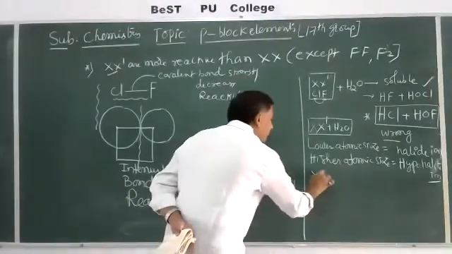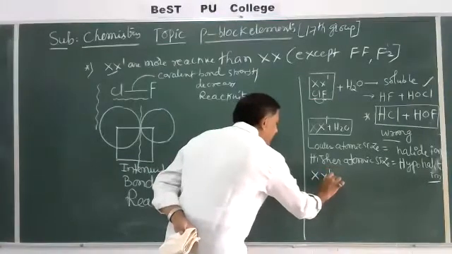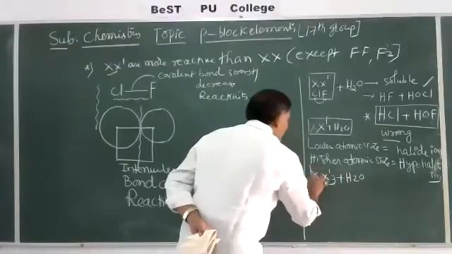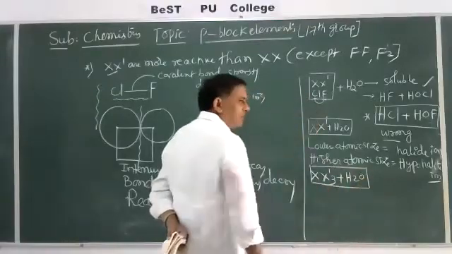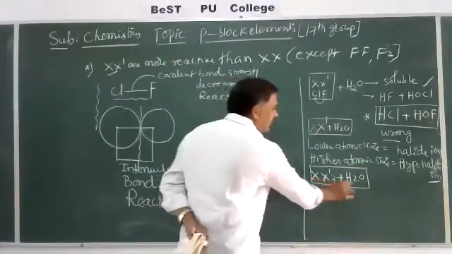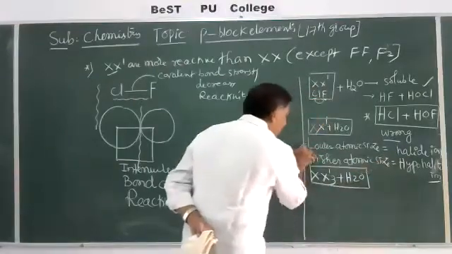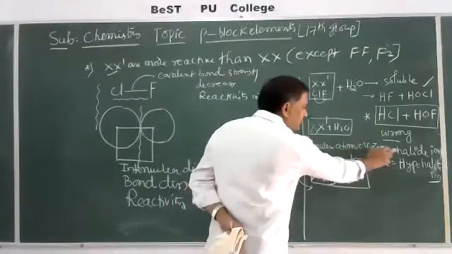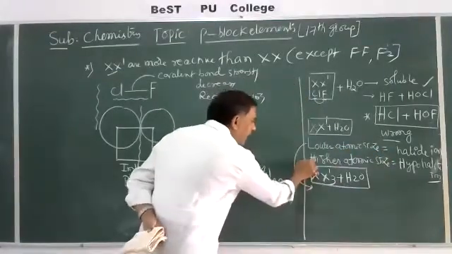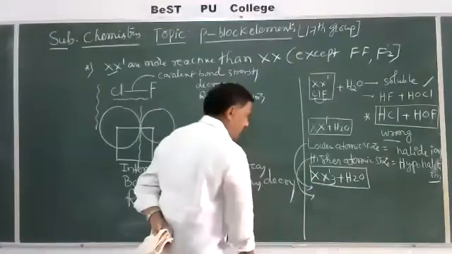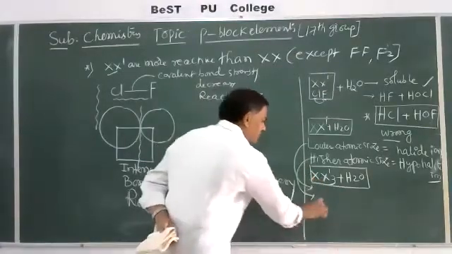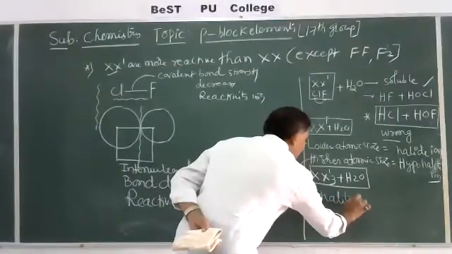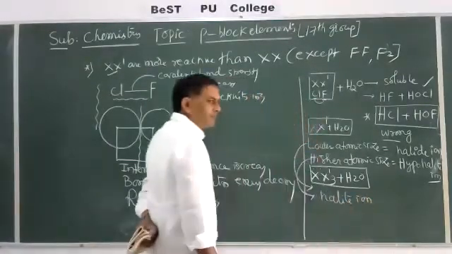Now, if X X'3 is reacted with water, with the same combination, the common ion is the halide ion. The lower atomic size gives the halide ion, but the higher atomic size element gives the halite ion.